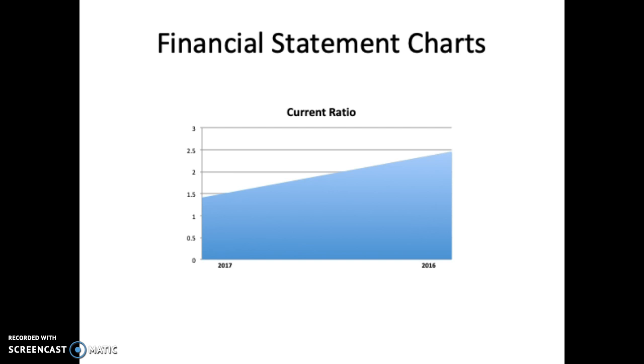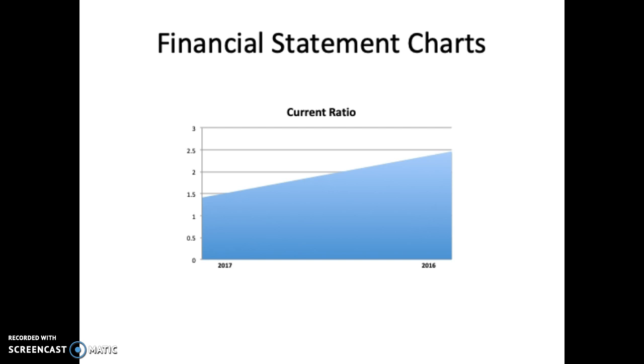And this financial statement chart is current ratio, and on the far right-hand side we are seeing 2016, which was about 2.5 on the ratio, and 2017, which was between 1 and 1.5 on the ratio. What this is telling us is, the higher the positive number, the better the overall outcome of your organization. So we can also see this is in a downward trend.